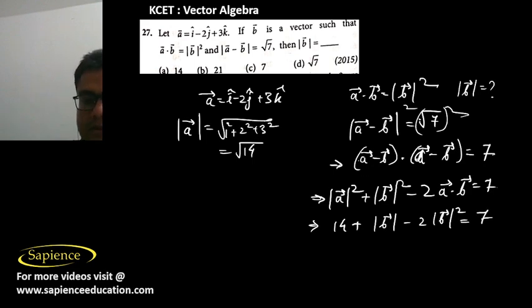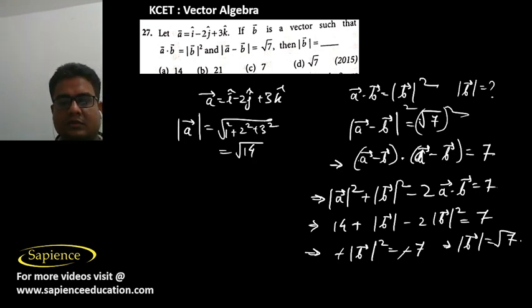That is equal to 7. So therefore, minus mod B square that is equal to 7 minus 14, that is minus 7. Mod B square is 7, so mod B that is equal to root 7. So option D is the correct one.